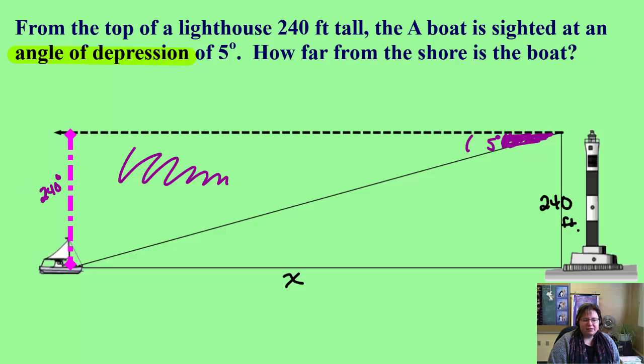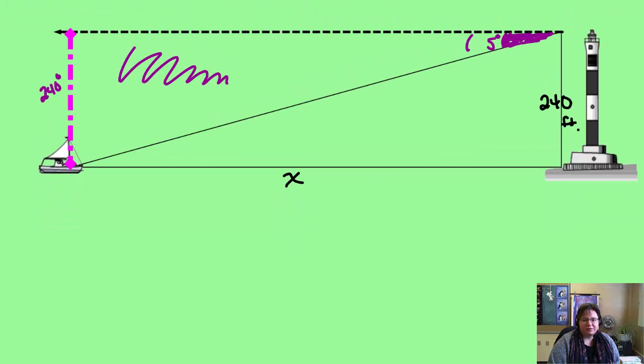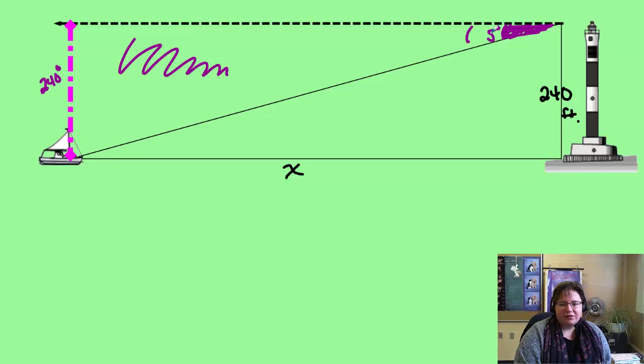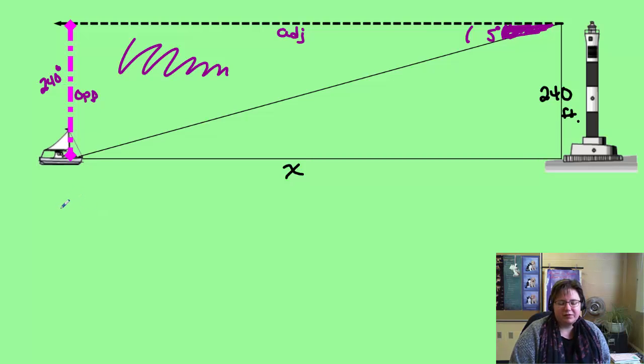So if I use that, scroll down so we've got some room. I've got an angle of 5 degrees. Across from that angle is the 240, so that's opposite. I'm looking for the length of the triangle or the base of the triangle, which is my adjacent. And opposite with adjacent, if you remember SOHCAHTOA, opposite with adjacent makes tangent.